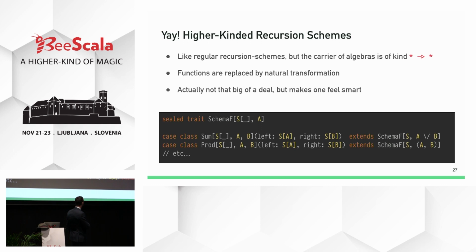So for a sum, our either, I would say, OK, the left talks about an A, the right talks about a B, and therefore this sum, SAB, is in fact the schema for A or B. And similarly for products, the left is about an A, the right is about a B, and the whole thing is the schema of pair AB. That's it.